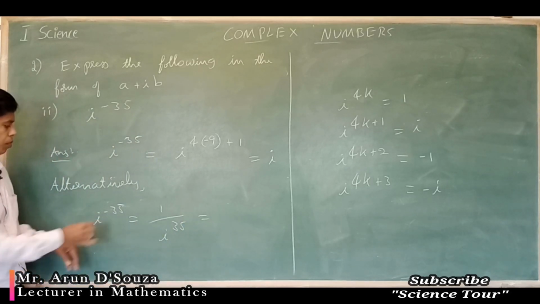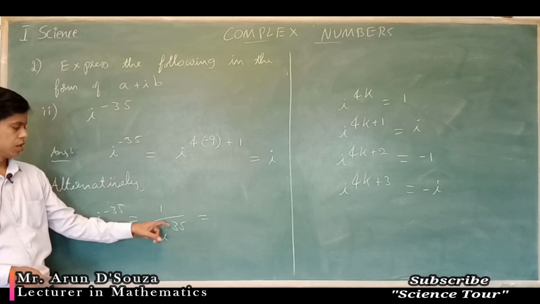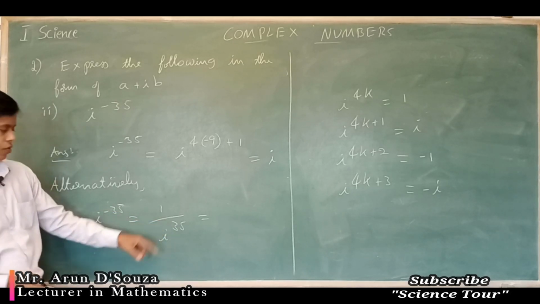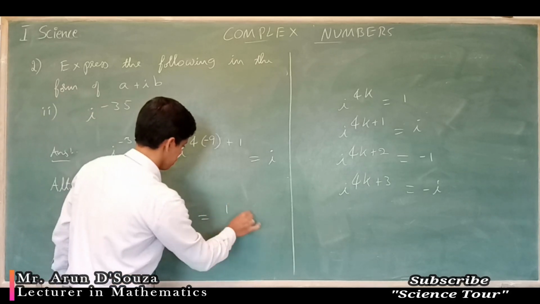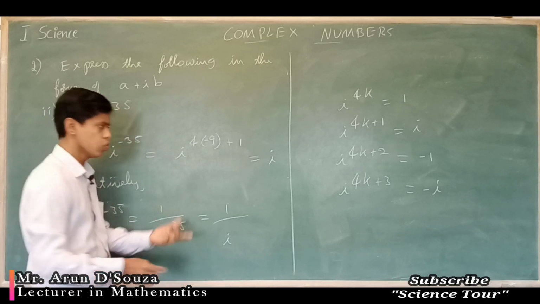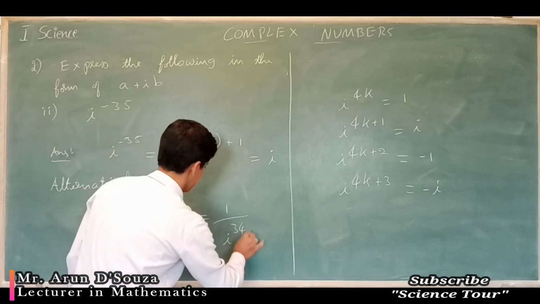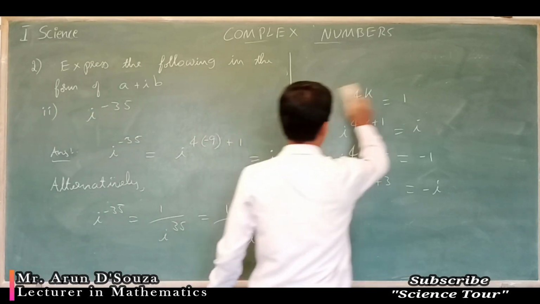So minus 35 in the numerator, when it comes to the denominator, that power will become positive. Now i raised to 35 is there, so you have to write it as 34 plus 1. So you can write i raised to 34 into i.